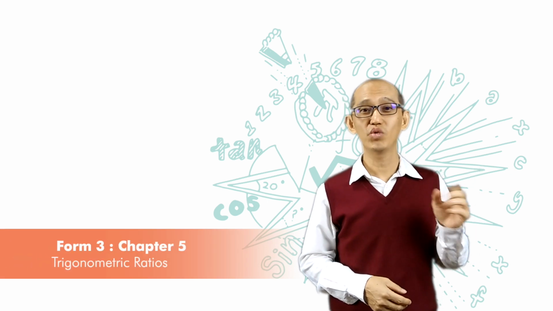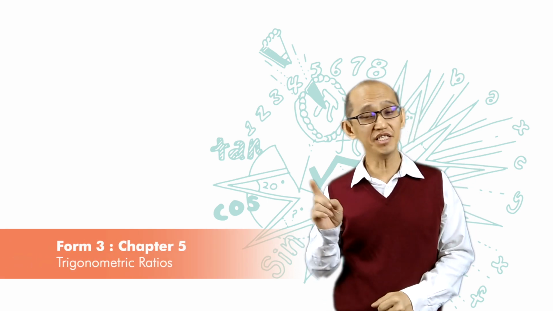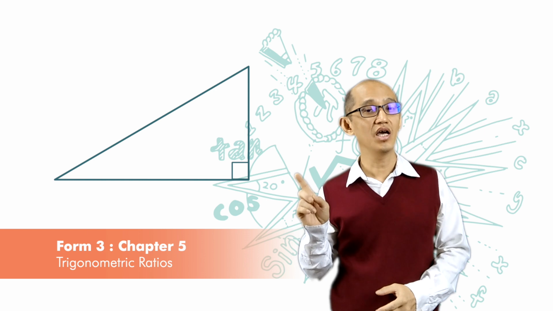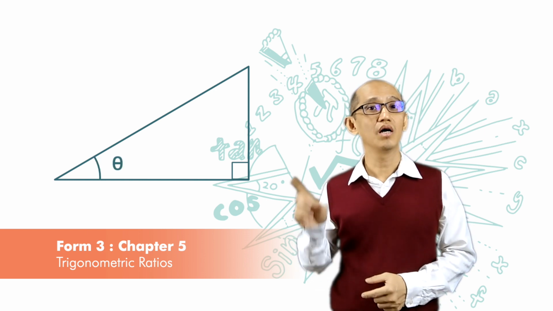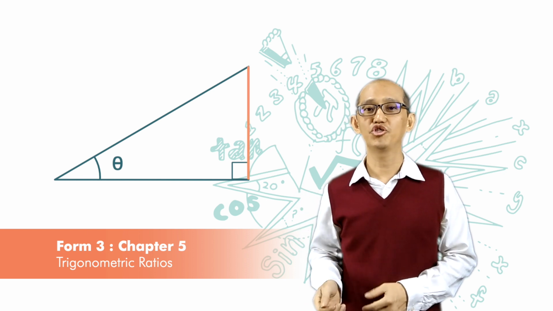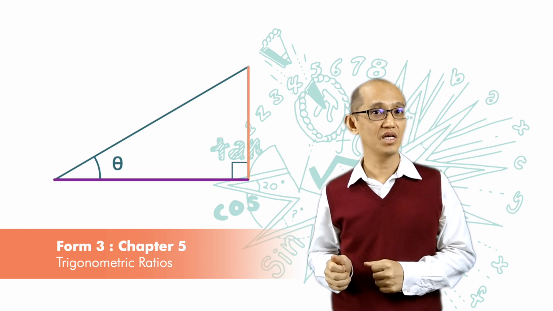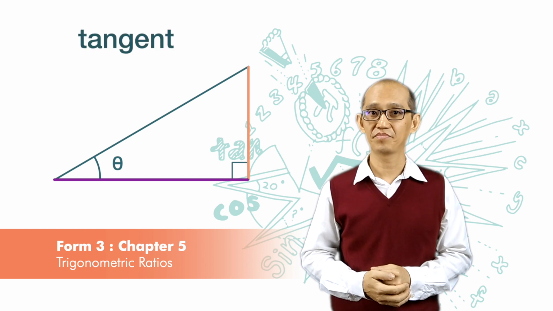In the previous video, we learned tangent. In this right angle triangle, we have an angle theta. The ratio of the opposite side to the adjacent side, we call that tangent.